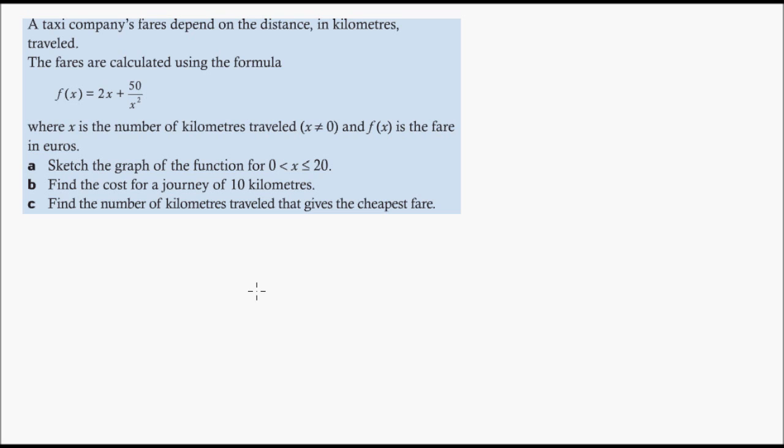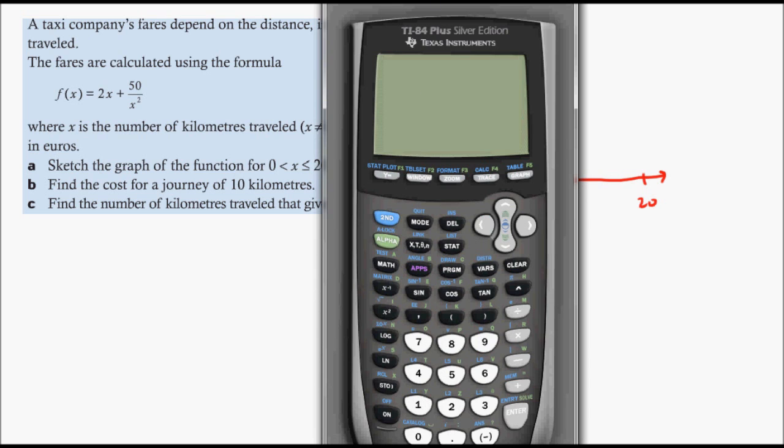Okay, no problem. So sketch the graph from 0 to 20. Again, they just want us to draw the graph from 0 to 20, and I'm going to do a better graph on the next problem, but I just want to show you this real quick.